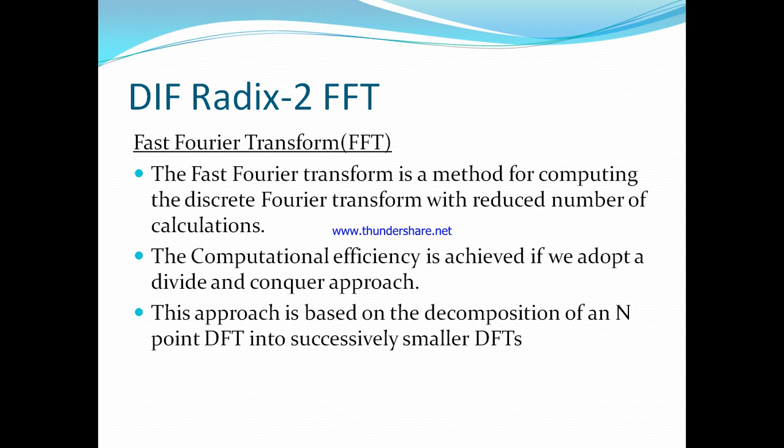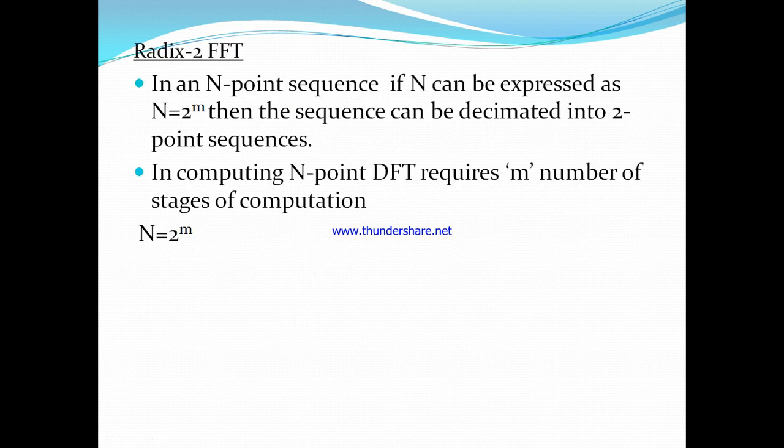This method follows the divide and conquer approach. It decomposes an N-point DFT into successively smaller DFTs. After that, we analyze all the smaller DFTs to calculate the N-point DFT.